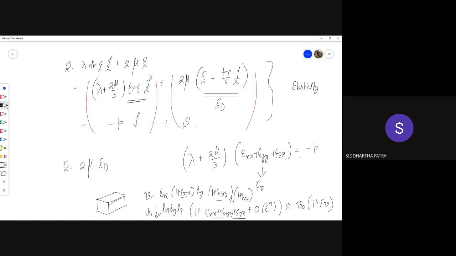So with a positive sign on the volumetric strain, it is associated with a minus P, and the term that comes in between is actually your bulk modulus, and you already know what the bulk modulus looks like.